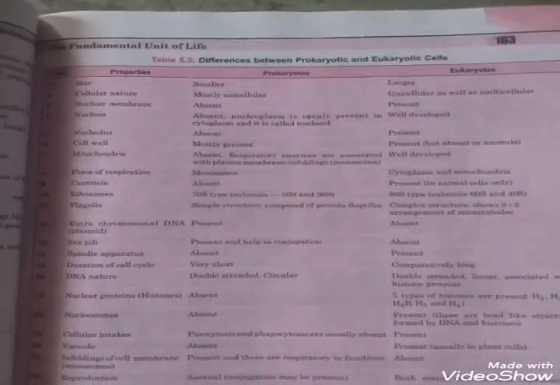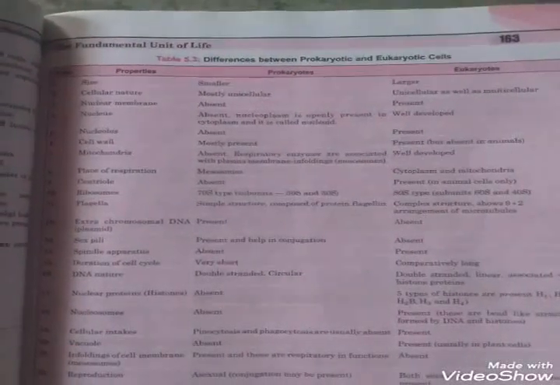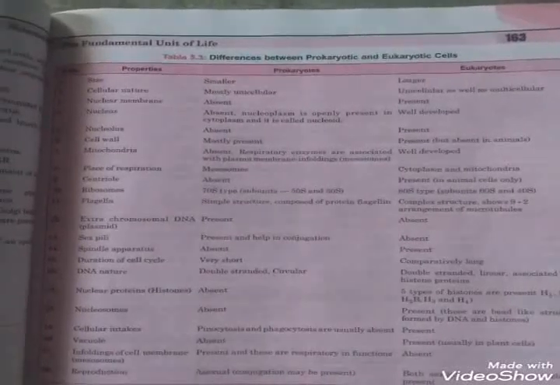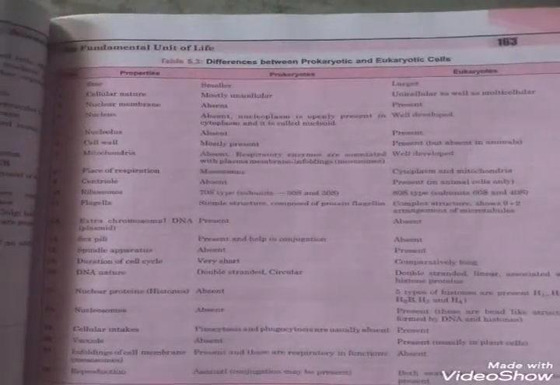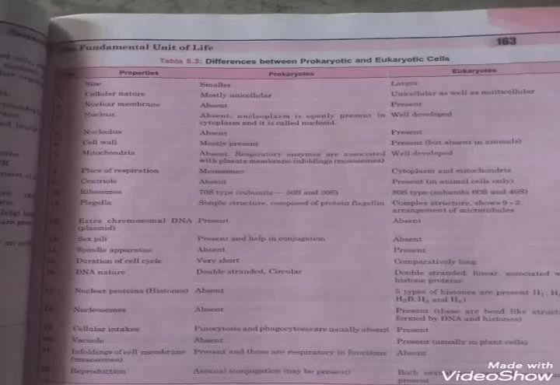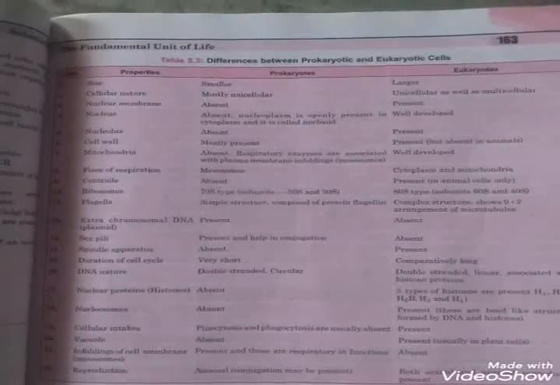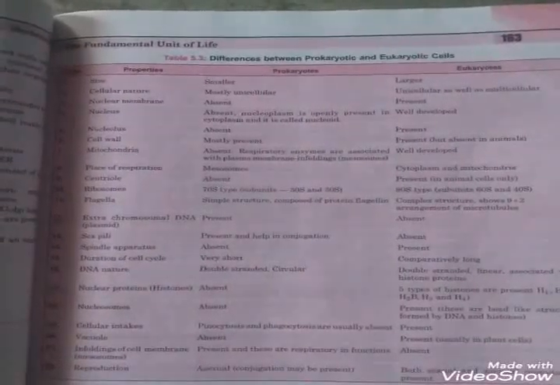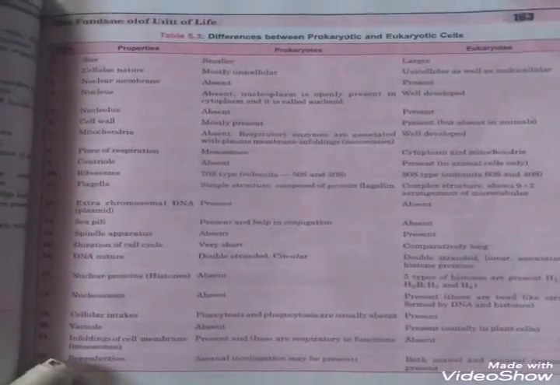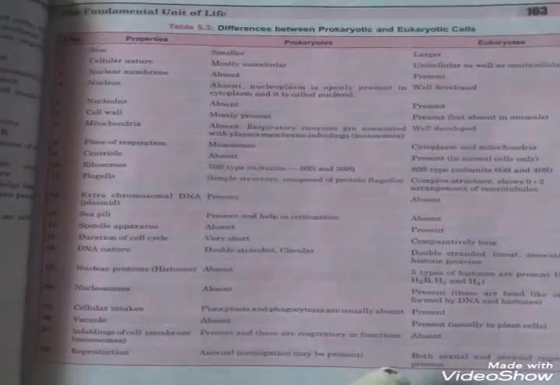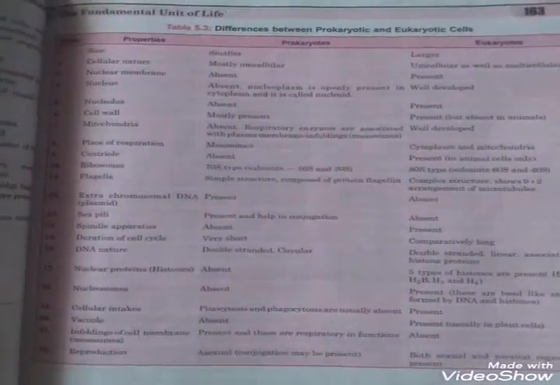In prokaryotic cells, mitochondria are absent, and the respiratory organs are associated with plasma membrane enfolding called mesosomes, while eukaryotic cells have well-developed respiratory organs. These are some other points which are absent in prokaryotes and present in eukaryotes, or absent in eukaryotes and present in prokaryotes.